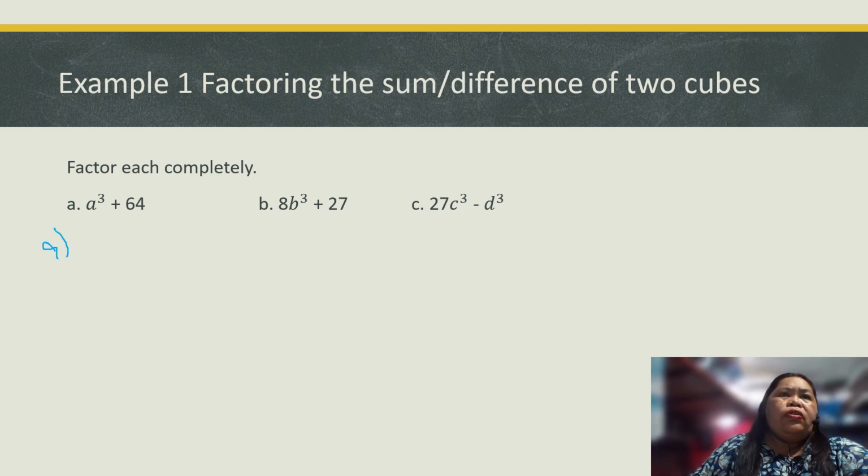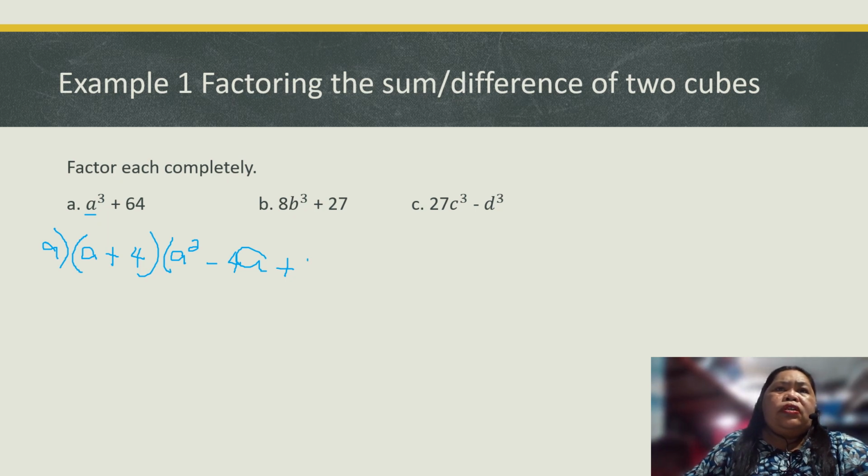The cube root of a cubed is a, plus 4, because the cube root of 64 is 4. Then let us square the first, minus 4a, plus 16, because 4 times 4 is 16.